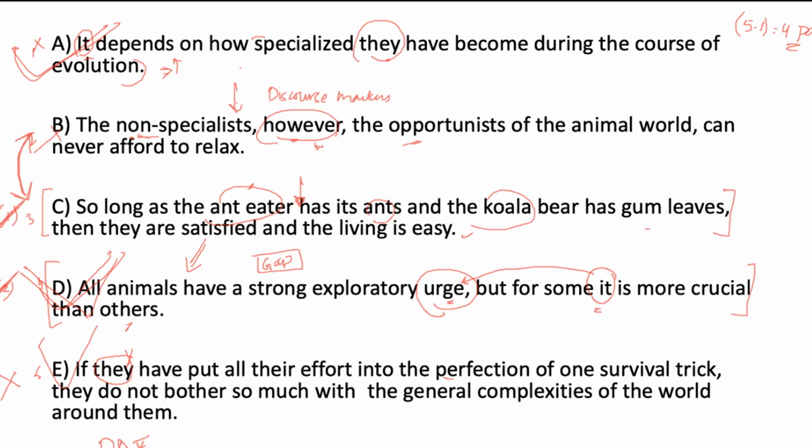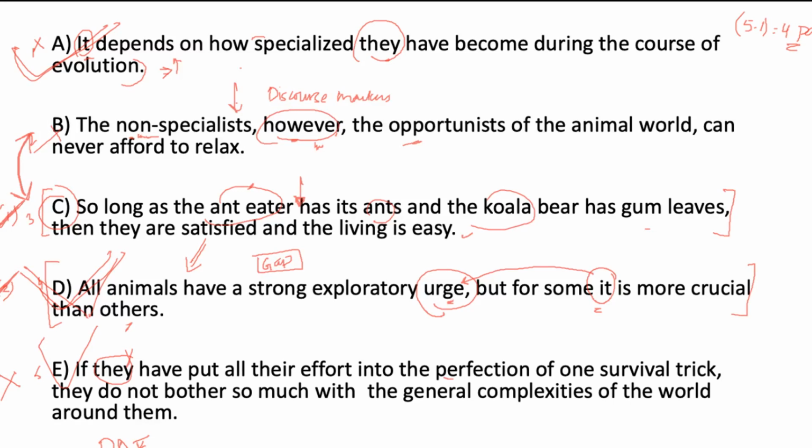This can be the next probable sentence because so as long as it's a part of the flow of the idea, guys, if they have put all their efforts into perfection of one survival trick, they, okay, what are they referring to? Animals, okay, to bother with the general complexities of the world around them. So most likely it's going to be the animals, right?